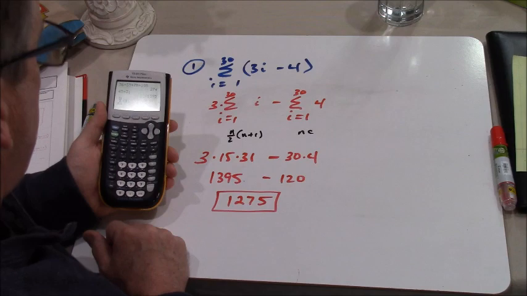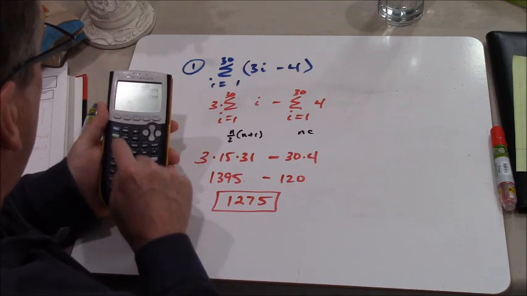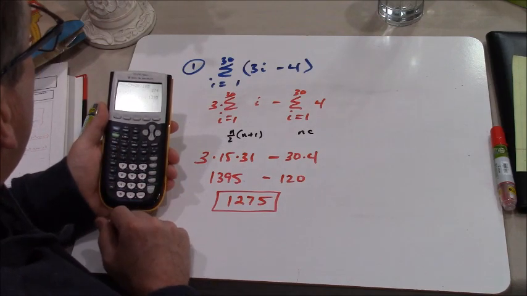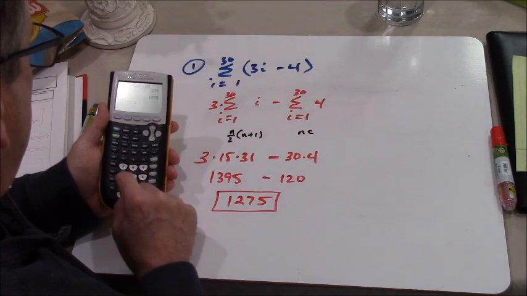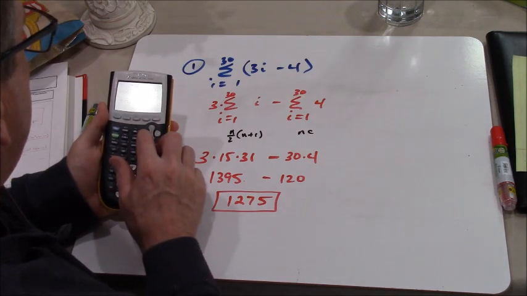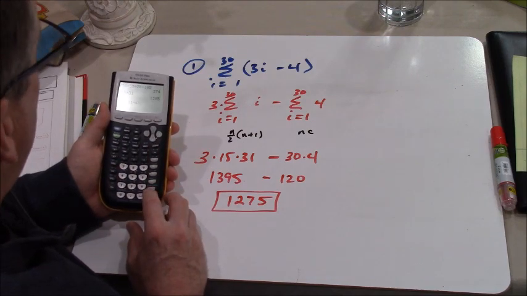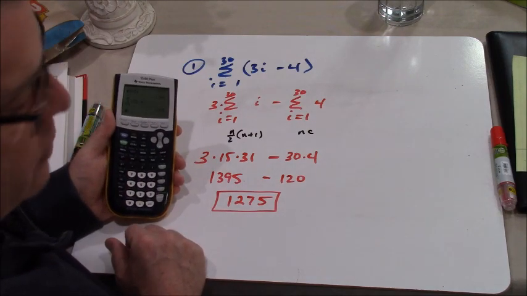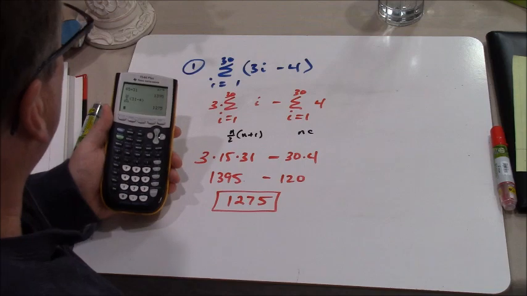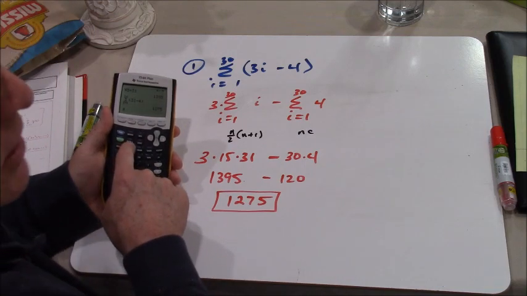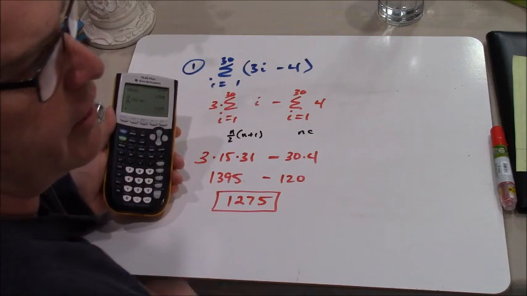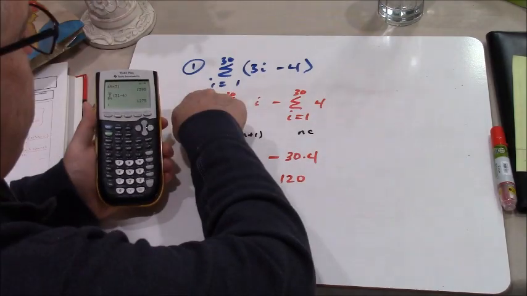And inside here I have 3i, so I'll go 3 alpha I minus 4. And then I hit enter, and there it is, 1275, so the answer checks out. I just use X because I don't want to hit that alpha button every time, but you can use whatever that letter is.